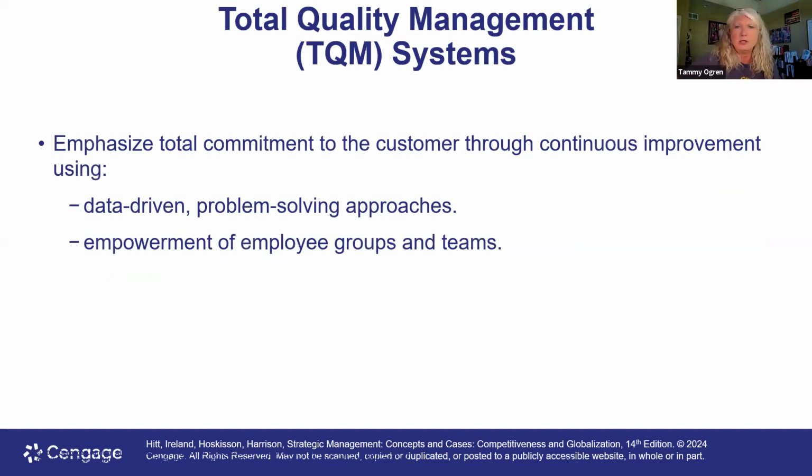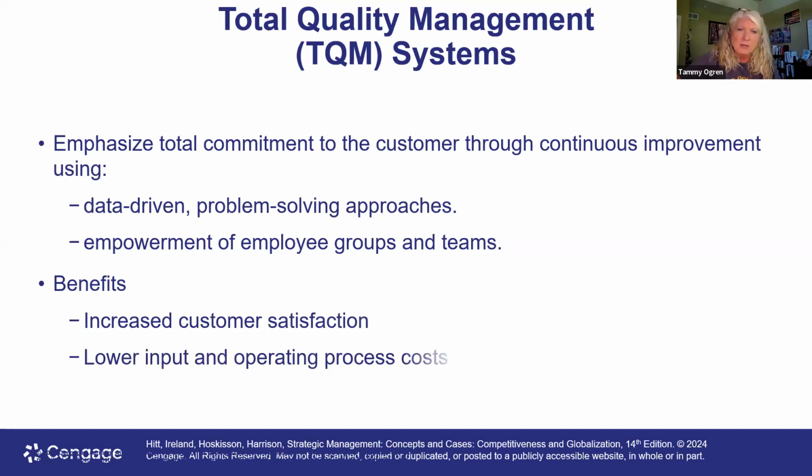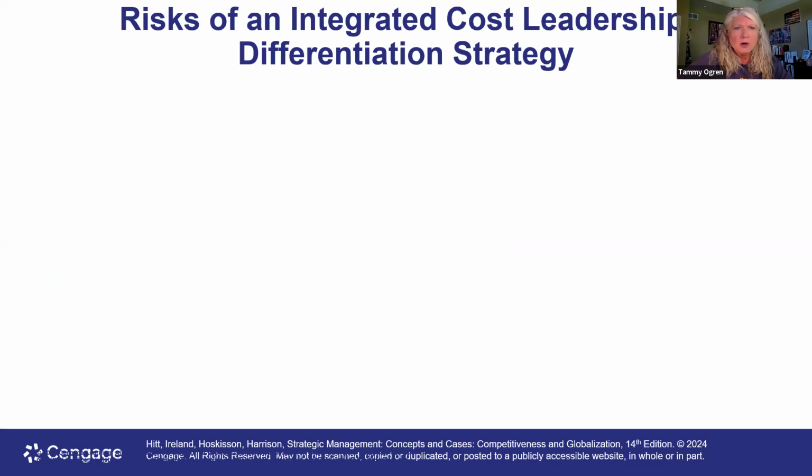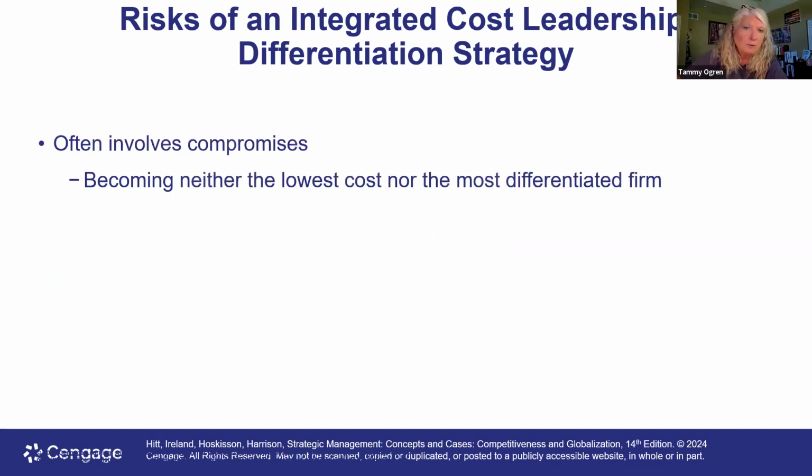You talk about this in a production operations course. We're talking about how to get commitment to the customer through continuous improvement: the idea that we're constantly improving, measuring, tweaking, and remeasuring our internal processes in order to provide a stronger output to customers. So the risks also are complicated.